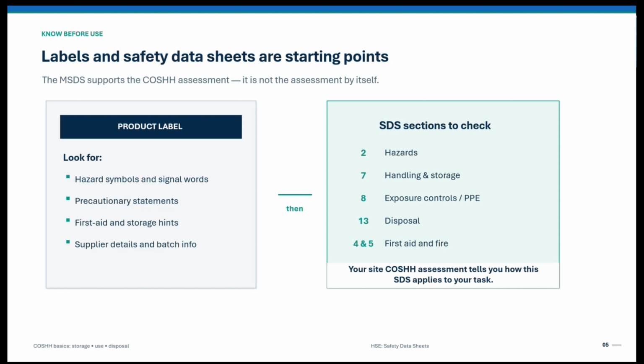Section 8 for exposure controls and PPE, section 13 for disposal, and sections 4 and 5 for the first aid measures and appropriate fire safety measures. However, once you've used your MSDS to create a COSHH assessment, the COSHH assessment will contain all of this information as well, and it will show it in relevance to the site and how much is actually stored on the site.